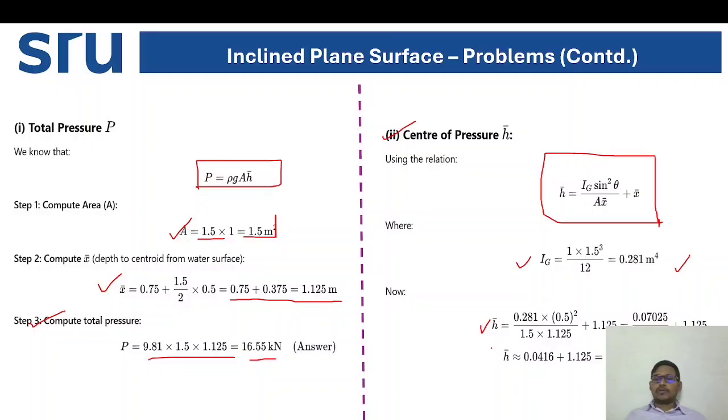H star equals 0.281 into 0.5 square by 1.5 into 1.125, plus 1.125, that is x bar. This is the area, this is Ig 0.281, and this is sine square theta, such that we'll get the value as 1.166 meters.